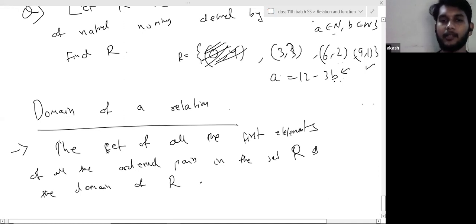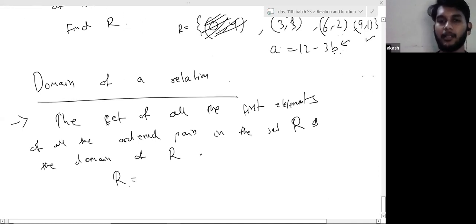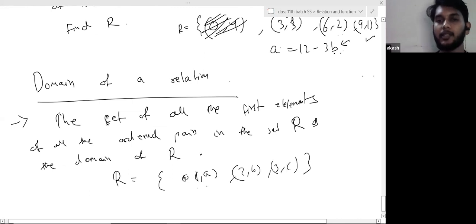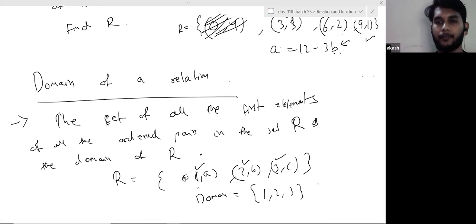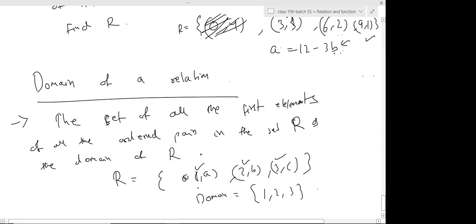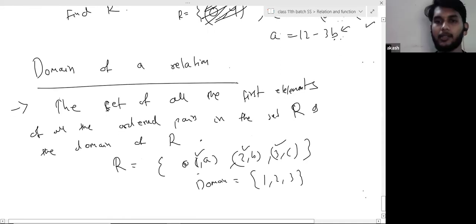Alright, very easy. If I write a relation set R, 1 comma A, 2 comma B, and 3 comma C, the domain is the first elements. So domain of R is 1, 2, and 3. All the first elements of the ordered pairs are called domain. Is it clear? Arnav, Fahad, this is clear, right? Yes, sir. Very easy, right? You just have to find out the ordered pairs that belong to R and write down the first elements.